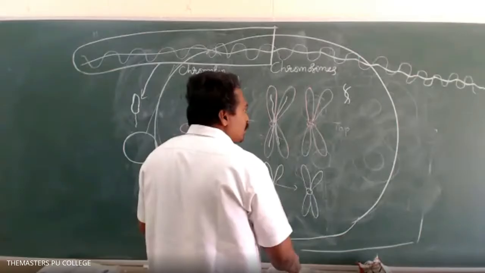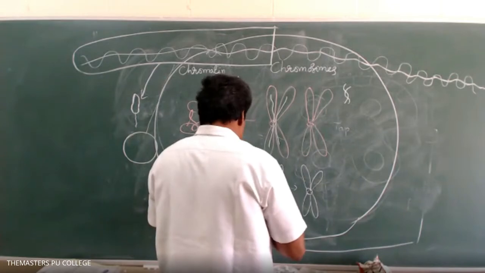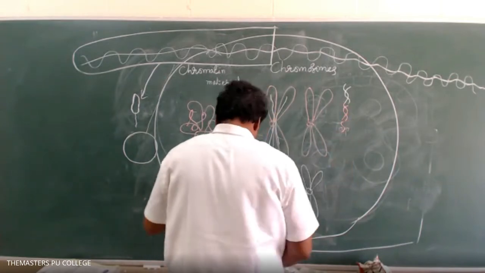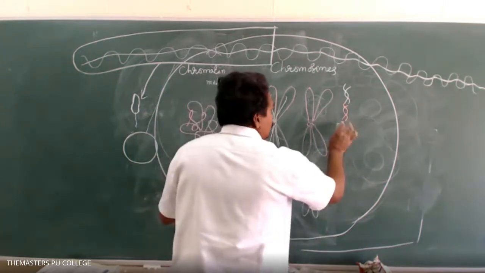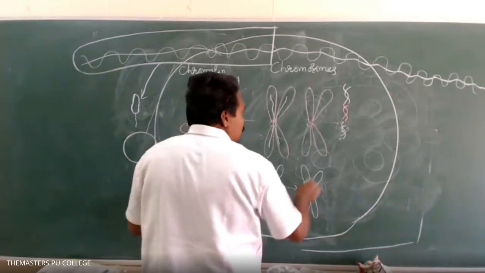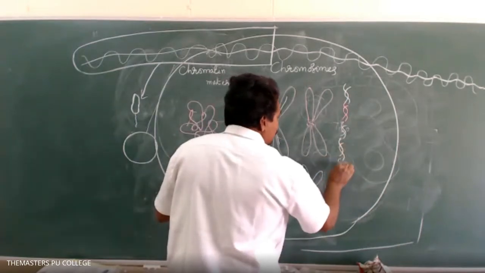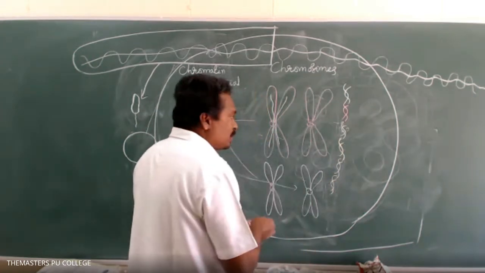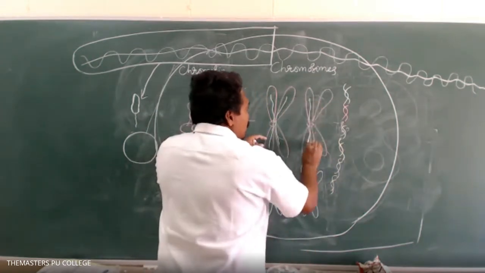All the DNA molecules are arranged one above the other. Each chromosome is having the DNA molecule.